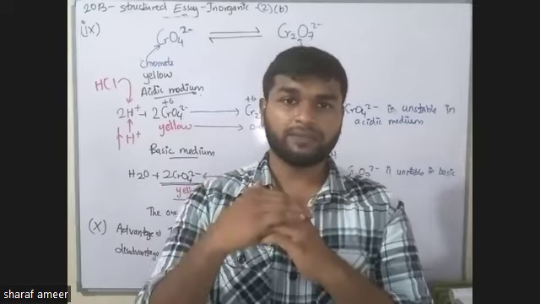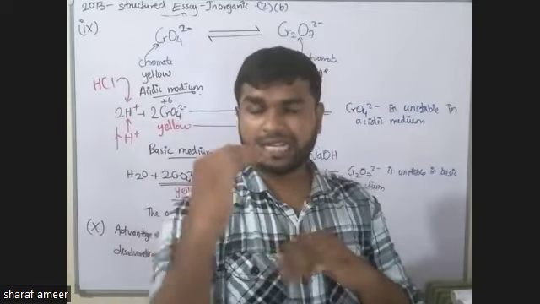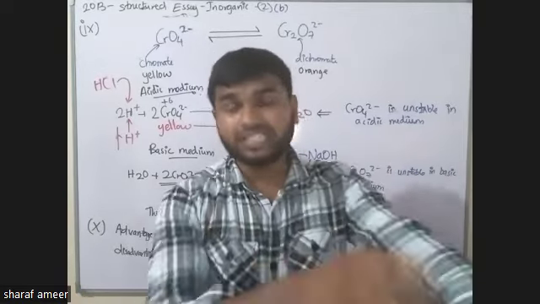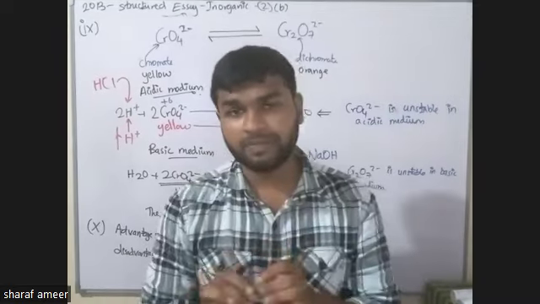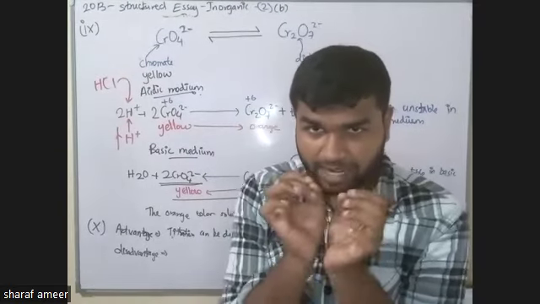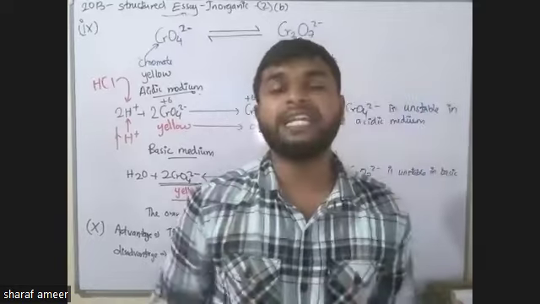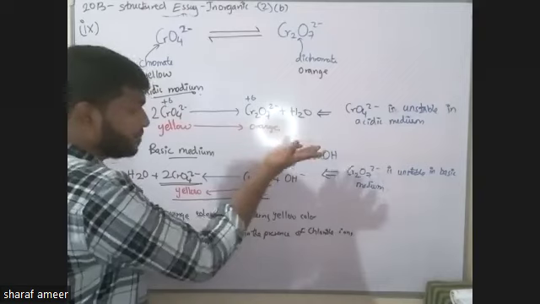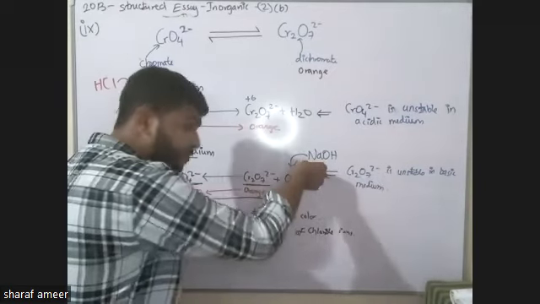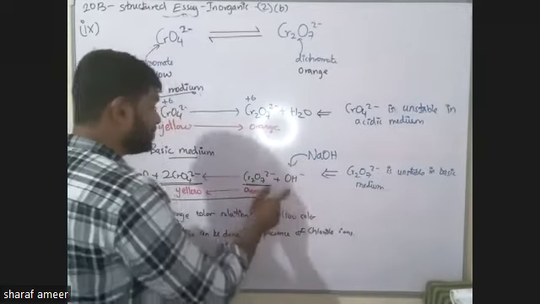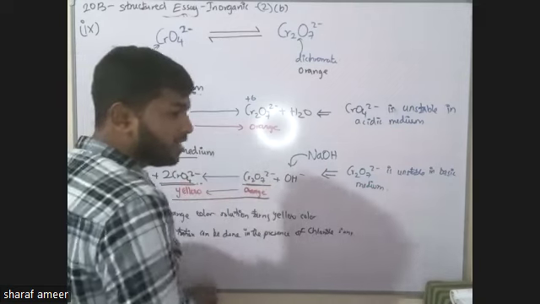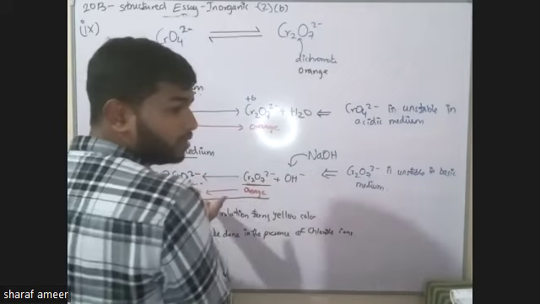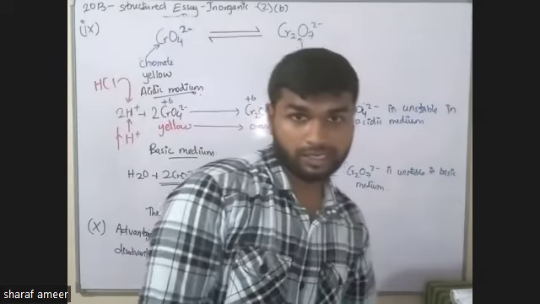Those indicators give the color change, while we take the others as clear solutions. But in the actual experiment, you cannot use potassium dichromate as a self-indicator because of this problem. You can use it in acidic medium, no harm. But in basic medium you get a problem because orange will turn suddenly to yellow, as Cr2O7 2- moves to CrO4 2-.